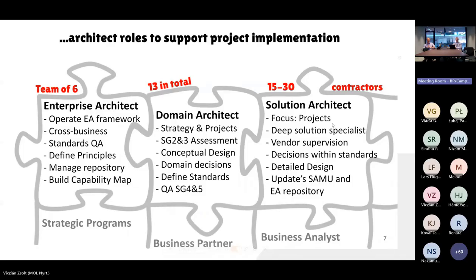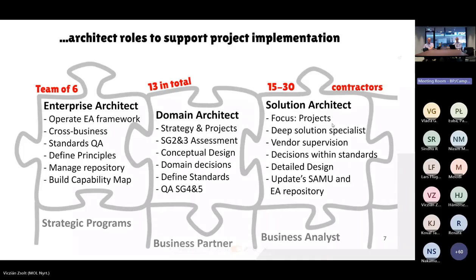One of the first things we did when the organization was started was to define the different type of architect roles, and we simplified it into these 3 categories: enterprise architects who provide governance, cross-business functions, and provide the framework as, for example, the entire modeling tool and framework.